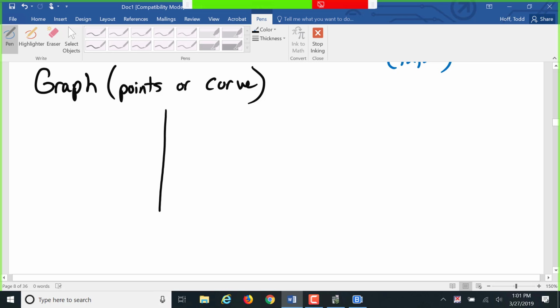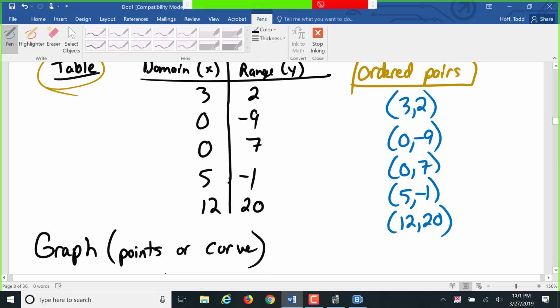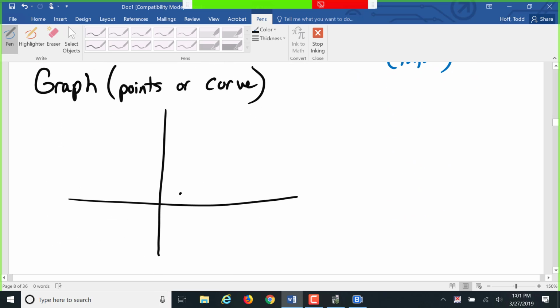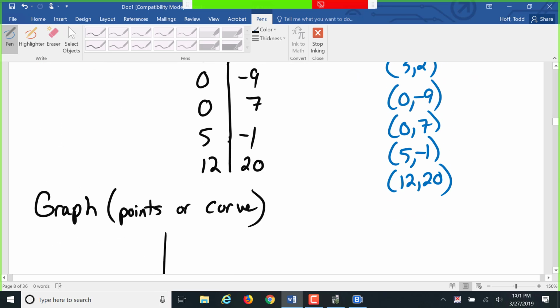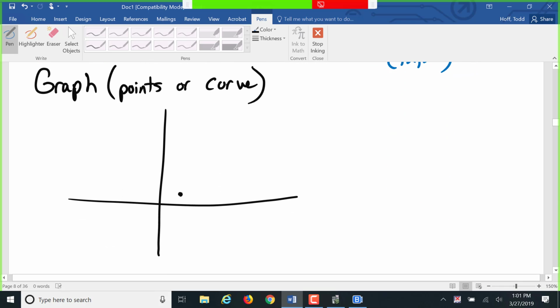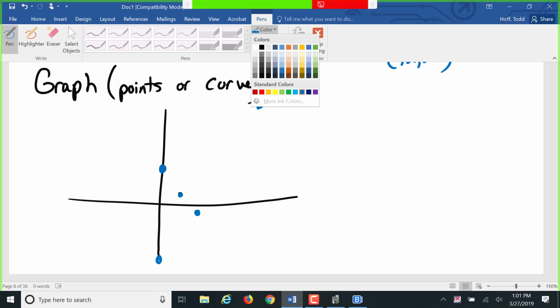This relation that we happen to put up here might be a little hard to express on the graph, but we've got negative 3 becomes 2. 0 becomes negative 9, and 0 becomes positive 7. 5 becomes negative 1, and 12 becomes 20. Those are the points. These are points, not a curve, because I can't draw a curve through those.